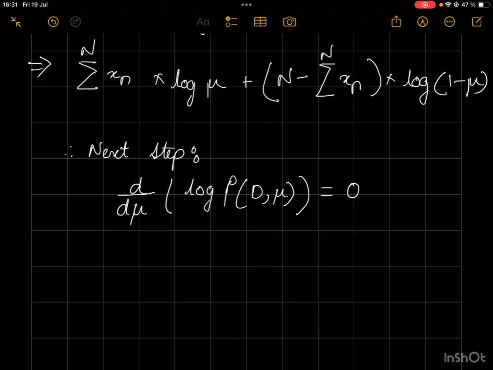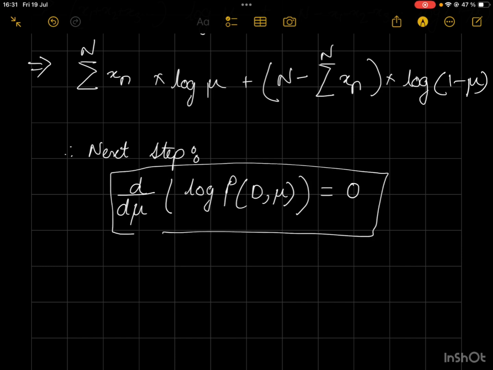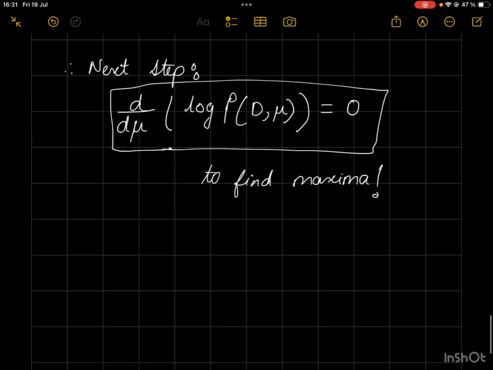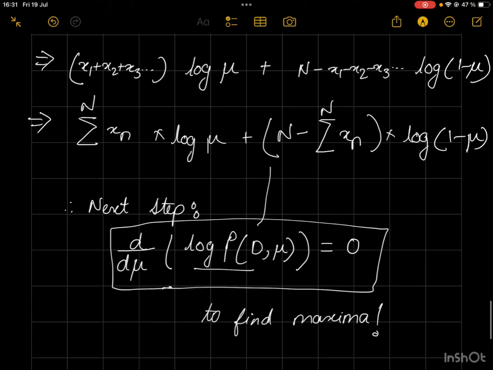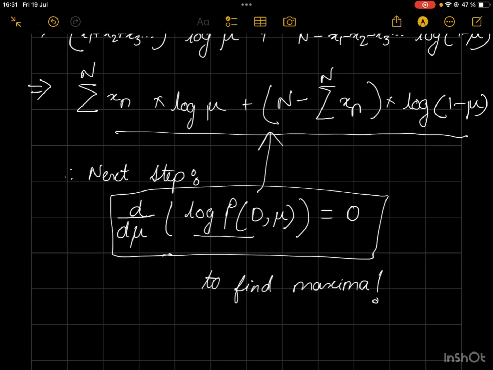So we'll assign this as 0 to find maxima. The left hand side is ideally the equation that we just derived, and this equation is going to be the right hand side. So we'll take the derivative of it with respect to mu.